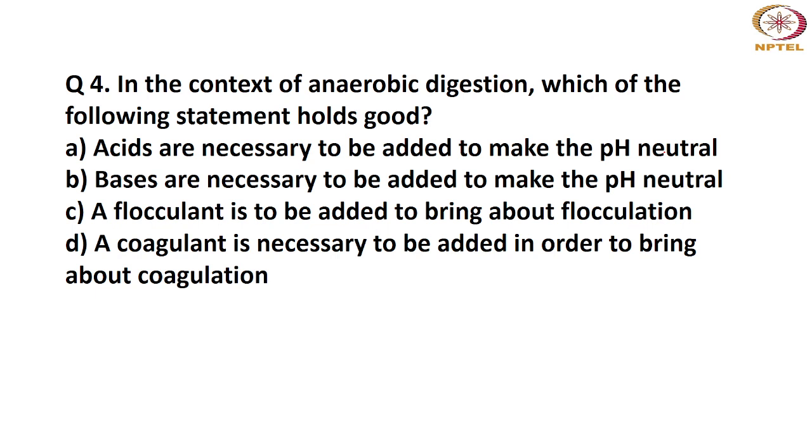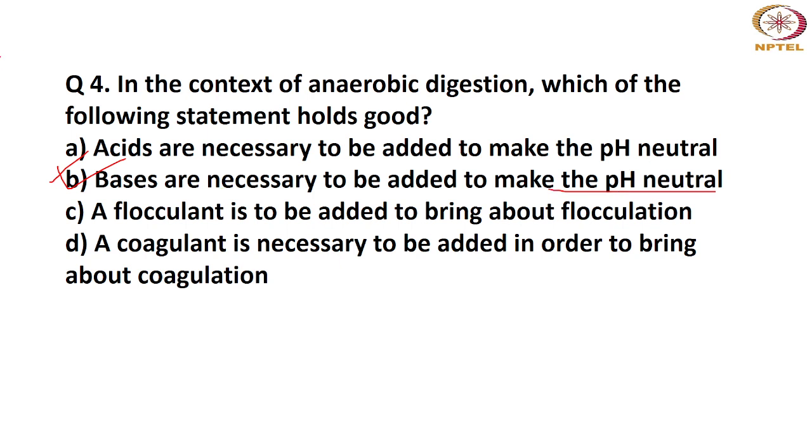Acids are necessary to be added to make the pH neutral, or we need to add base to make the pH neutral, and also a flocculant is to be added to bring about flocculation and coagulation. So the correct option is B. You can see that bases are required to be added to make the pH neutral.